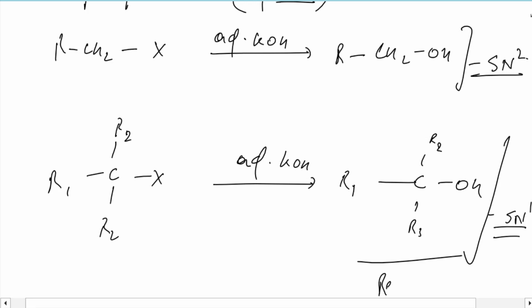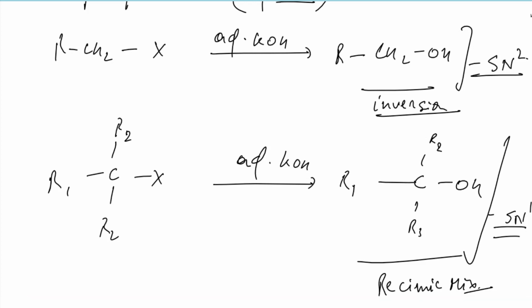So a racemic mixture will be formed here if the carbon is chiral, and in the other case we will say an inverted product is formed here. Inversion will happen here. Okay, so if the reaction is proceeding by the SN2 mechanism, inversion will happen, and if it's proceeding by the SN1 mechanism, then a racemic mixture is formed.